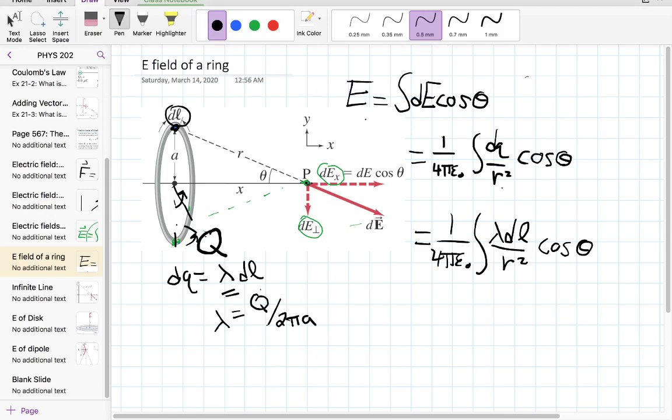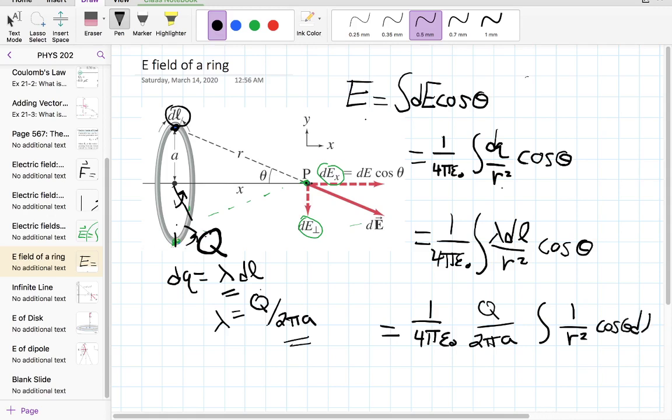I could leave it lambda, but I'm going to actually write that in terms of the charge over the circumference. So lambda is q over 2 pi a, times 1 over r squared, cosine theta dl.